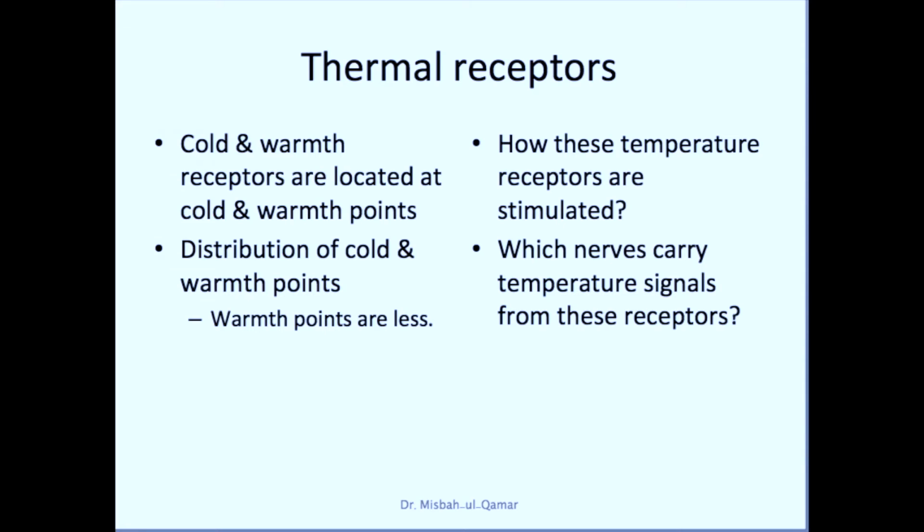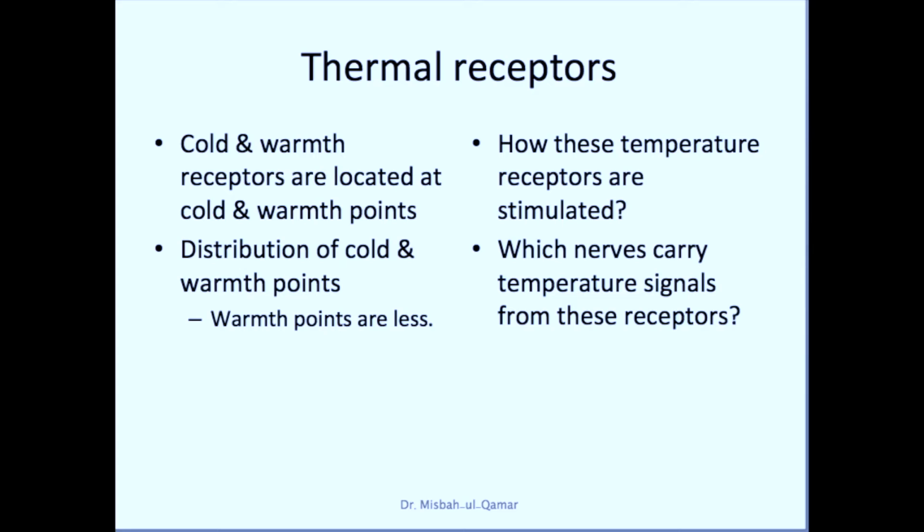While the cold signals are transmitted via A delta nerve fibers at the rate of 20 meters per second. Now, there are some cold sensations which are also transmitted in type C nerve fibers. Anyway, all these afferents finally reach the hypothalamus through the spinothalamic tract.